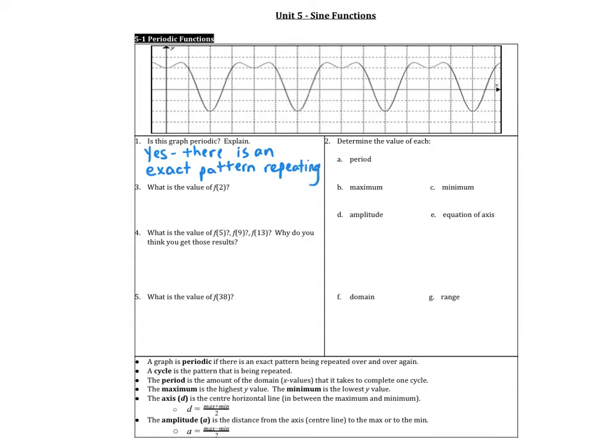Now we're going to be going over a whole bunch of definitions. So you can see here, a graph is periodic if there is an exact pattern being repeated over and over again.